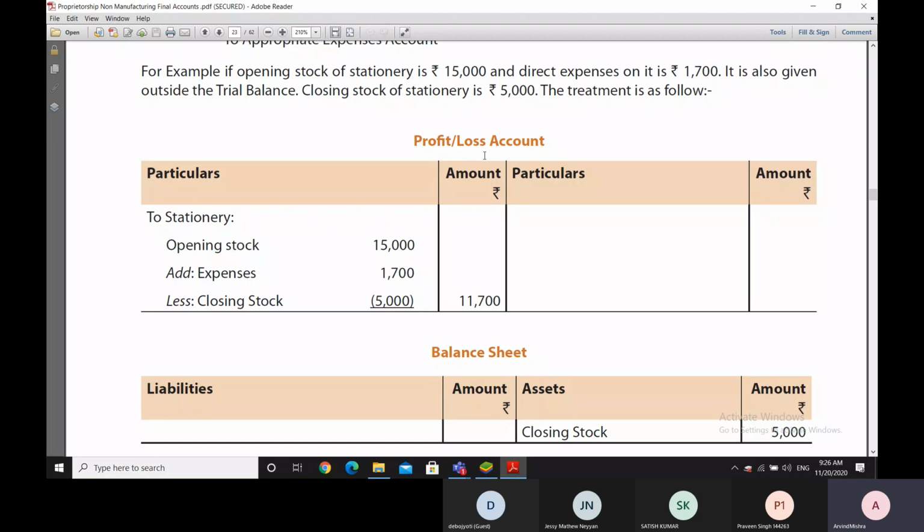So here the profit and loss account has been debited with the figure of 11,700 and the stationery account has been credited to that extent. Initially, the stationery account was debited when we made this expenditure, and finally now this stationery account has been credited and the profit and loss account debited.